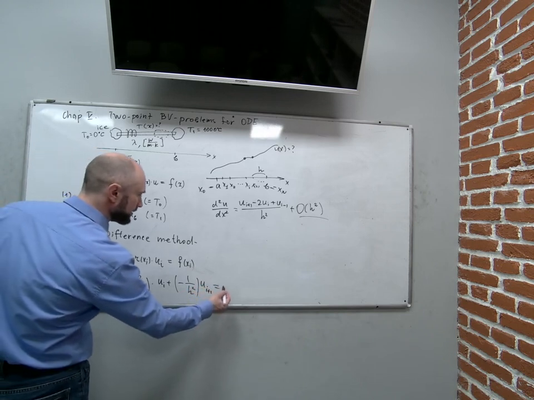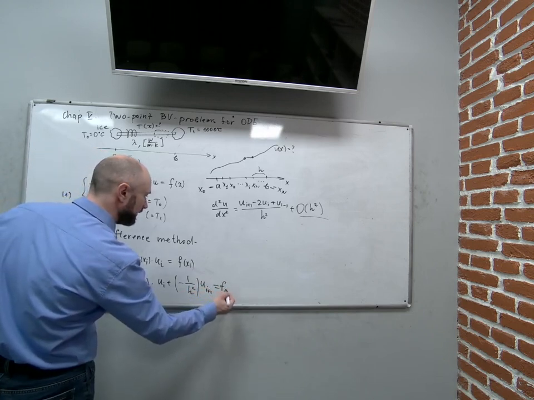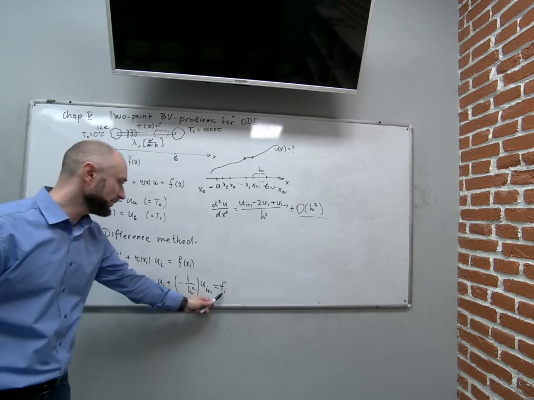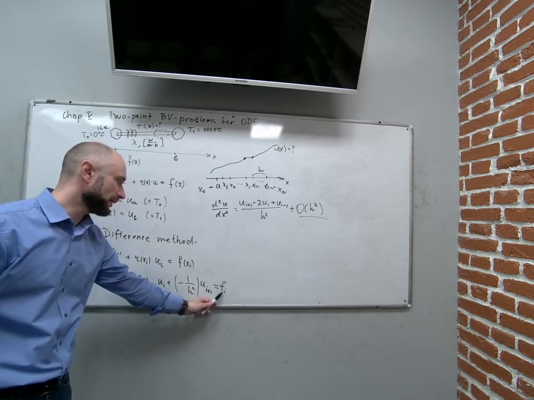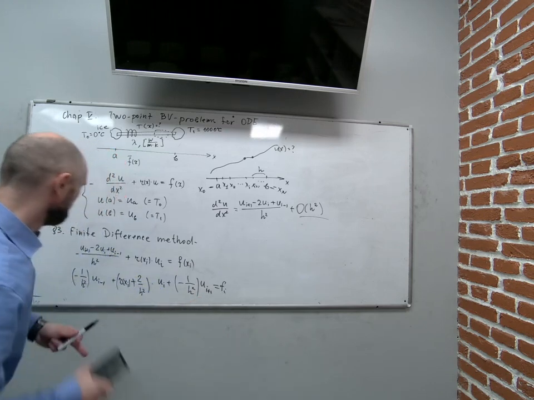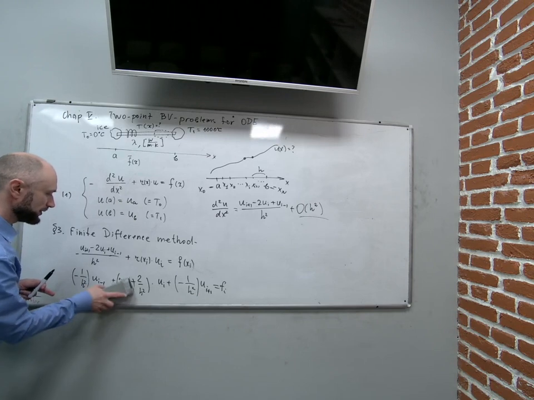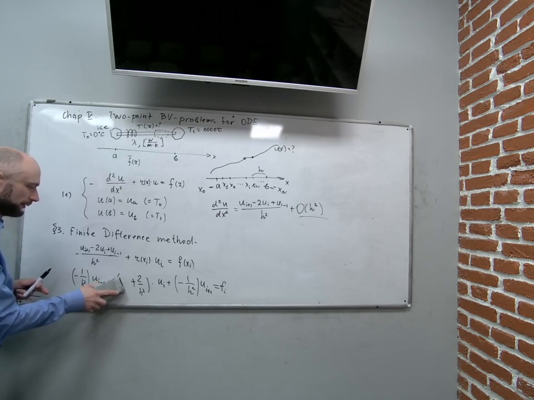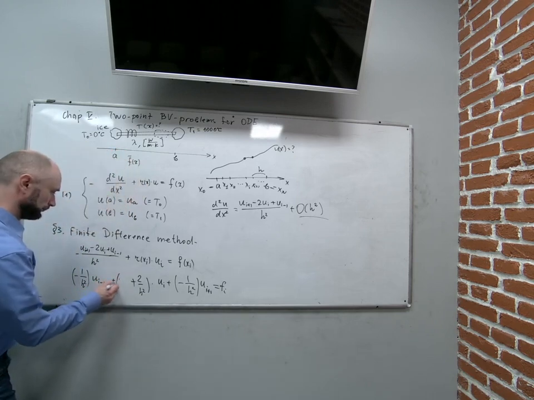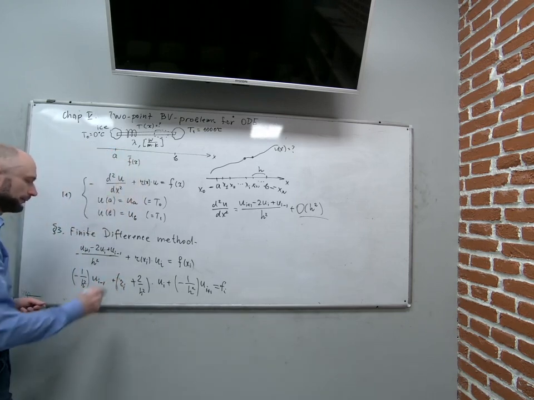And on the right hand side we still have this fi. Let me, for the simplicity of notation, replace f of xi with fi. And here I do the same with r: ri.